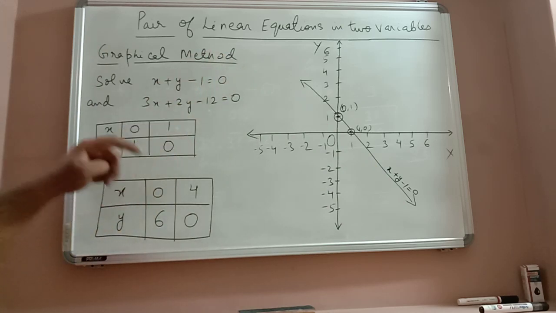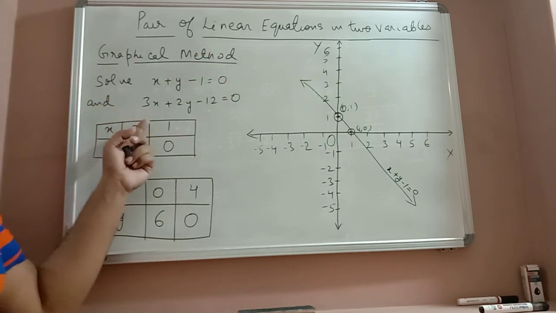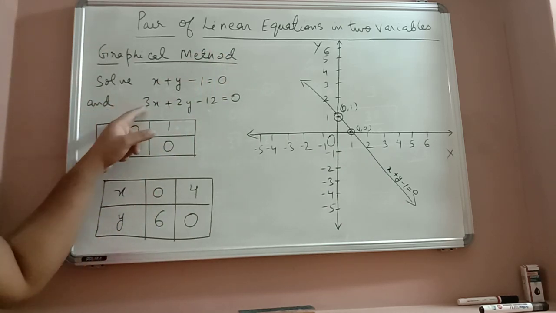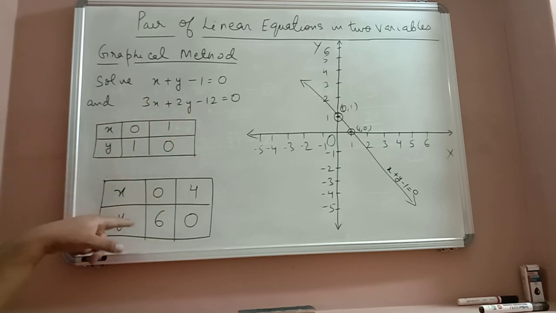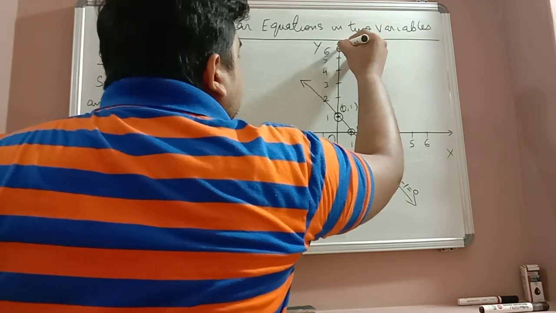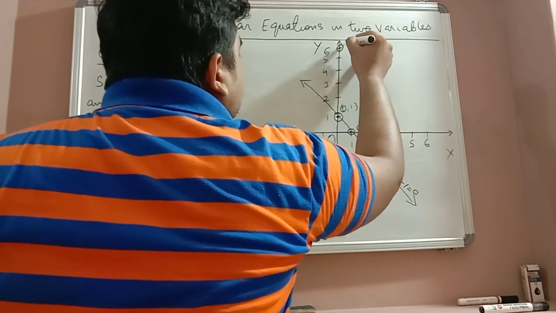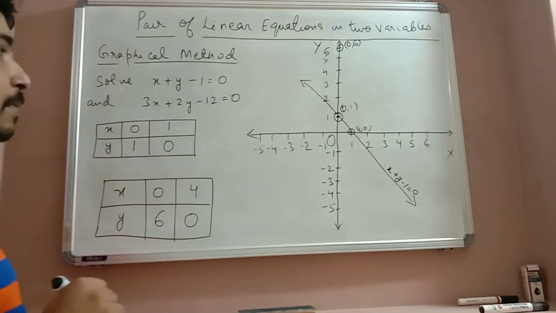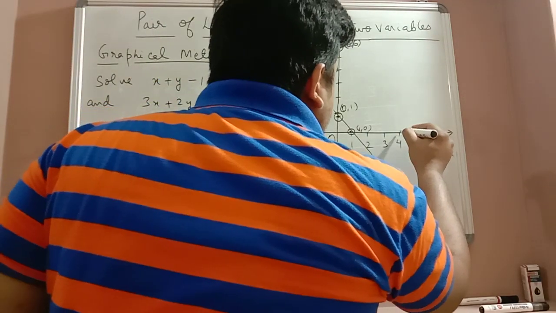Let us draw the graph of the second equation. The second equation is 3x + 2y - 12 = 0. The table is here. So the points are (0, 6), which will lie here, and (4, 0), which lies here.